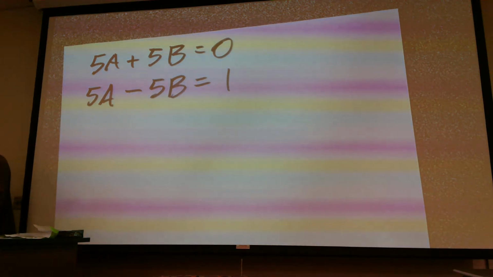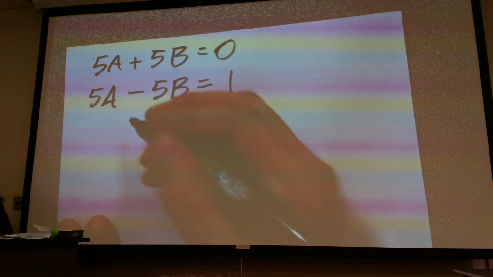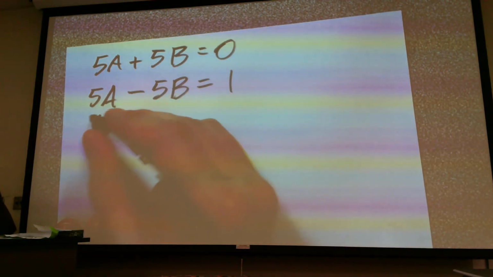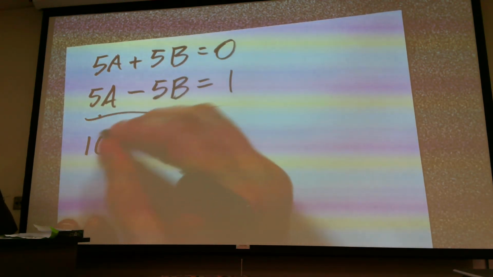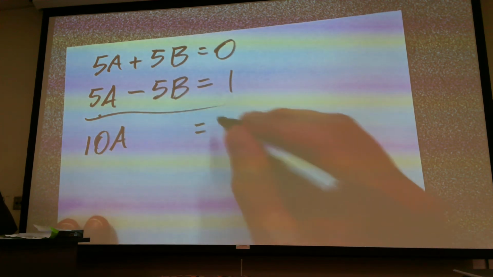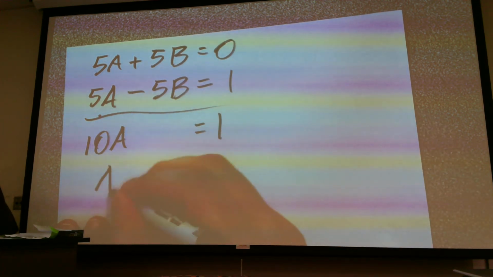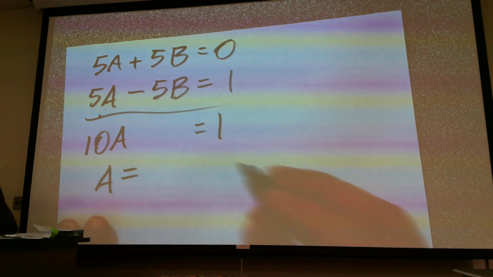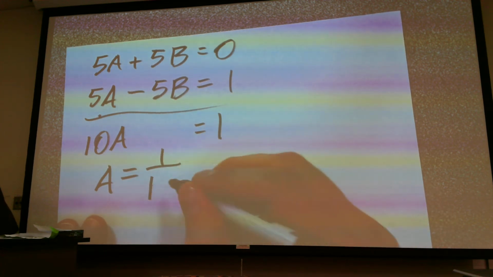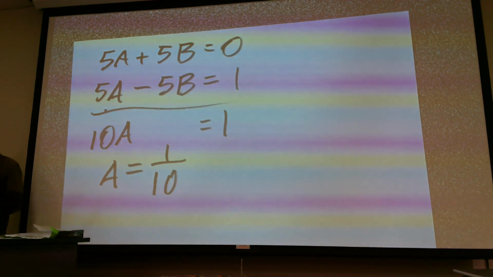That means if I add these together, that's going to give me 10a equals 1, so a is going to equal 1 divided by 10.